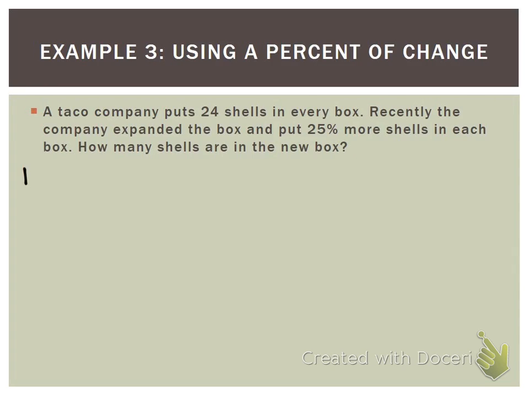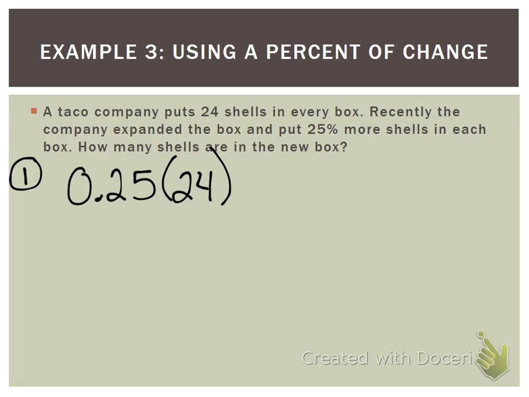Step 1, you've got to change your percent to a decimal first before you can multiply. So 0.25, I'm going to multiply by the original amount. 0.25 times the original amount gives me what?